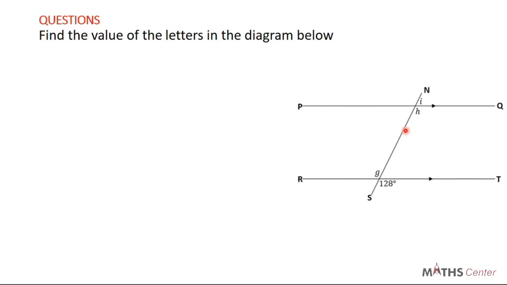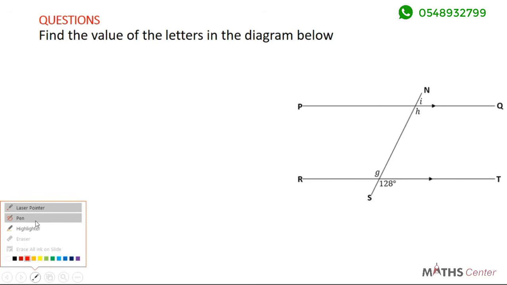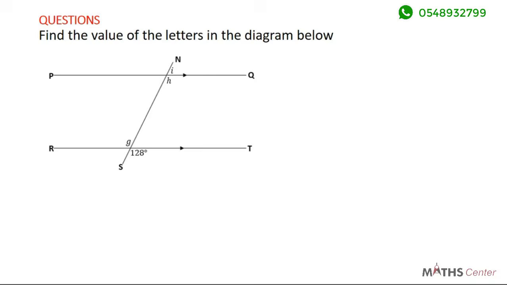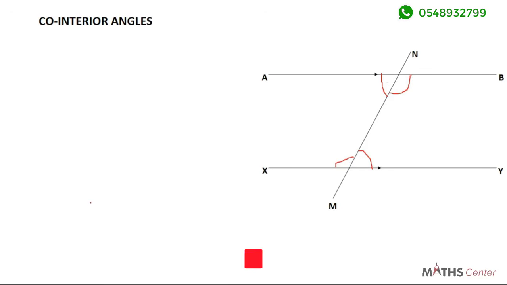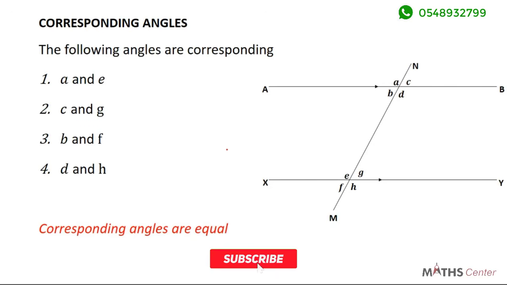From this diagram, we can see that H is corresponding to 128 degrees. If you look at what we have on corresponding angles here, we can see clearly that D and H are corresponding.